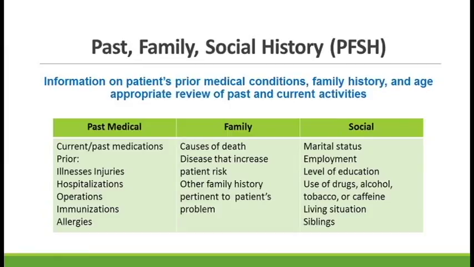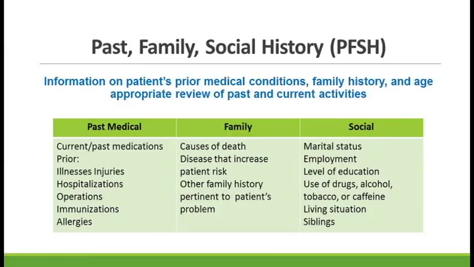Family history records medical events, diseases, and hereditary conditions that may place the patient at risk. Social history is an age-appropriate review of the patient's past and current activities and includes information about marital status, employment, education, drug, alcohol, and tobacco use.